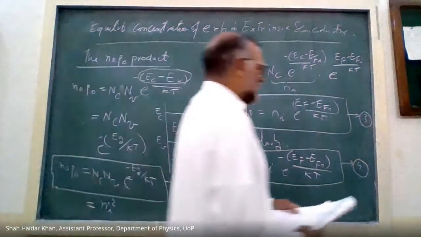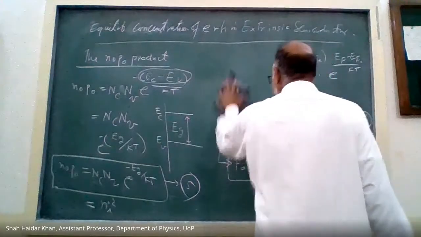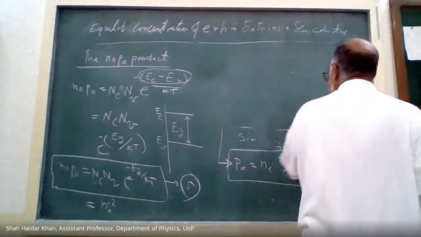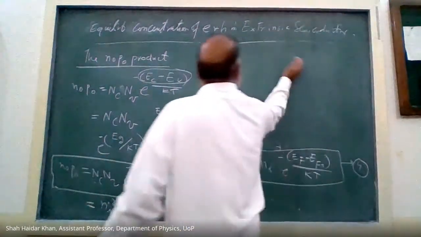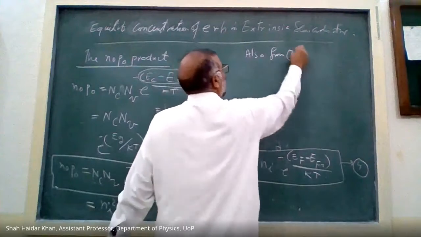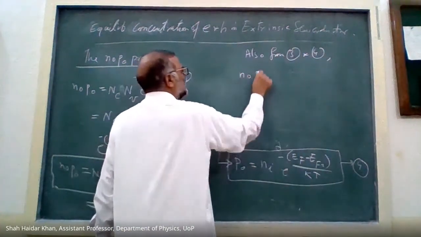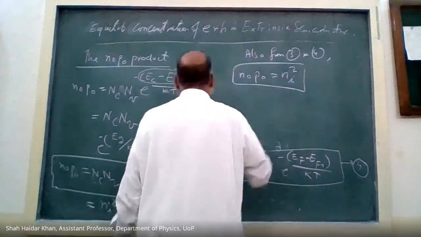So what we get? From equations 3 and 4, N naught P naught is equal to Ni square.